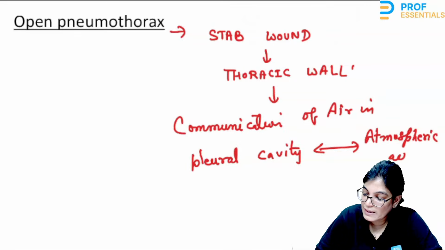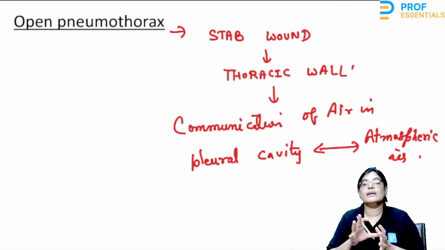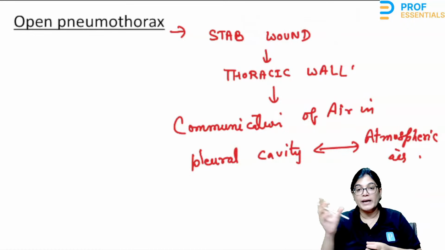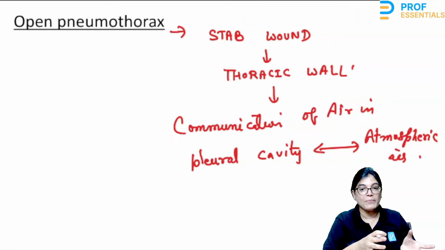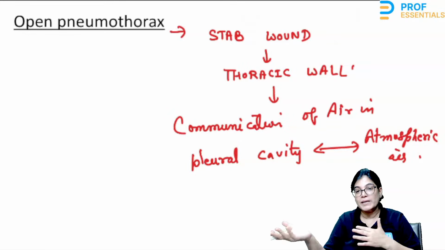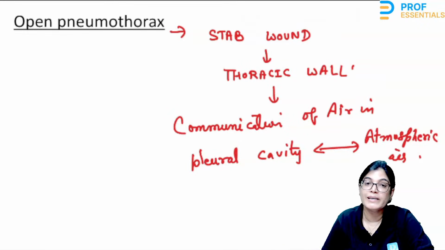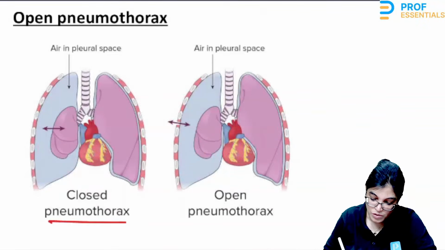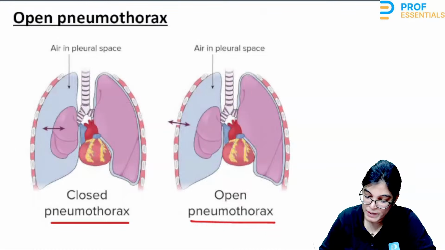So basically, if the air trapped in the pleural cavity is also communicating with the atmospheric air, then it is called open pneumothorax. Now you can see here, this is a case of closed pneumothorax and this is a case of open pneumothorax.